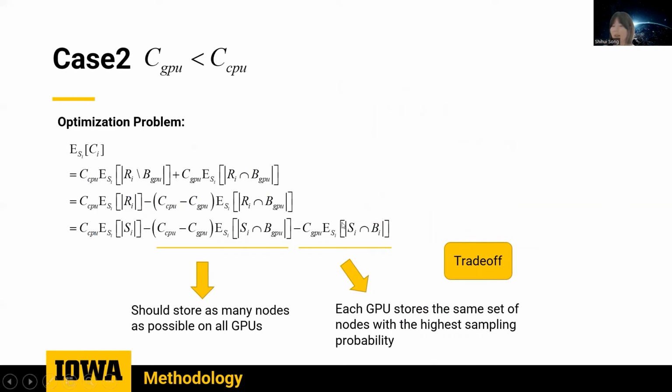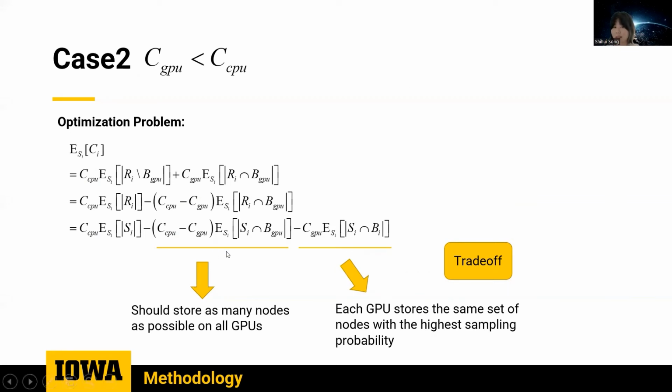For GPU i, the last two terms are both changed. If we replace one node on GPU i with a node on CPU, this term will increase, because GPU i will read the old node from other GPUs instead of from its local memory.